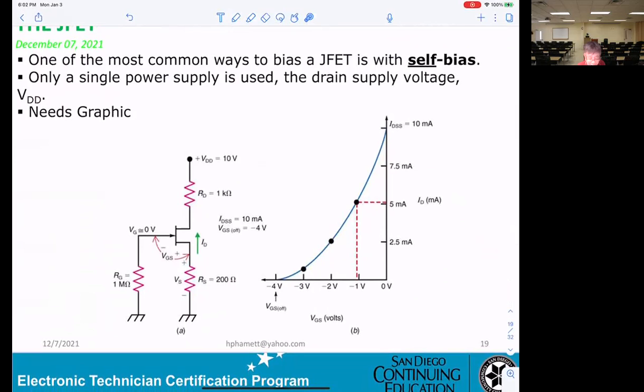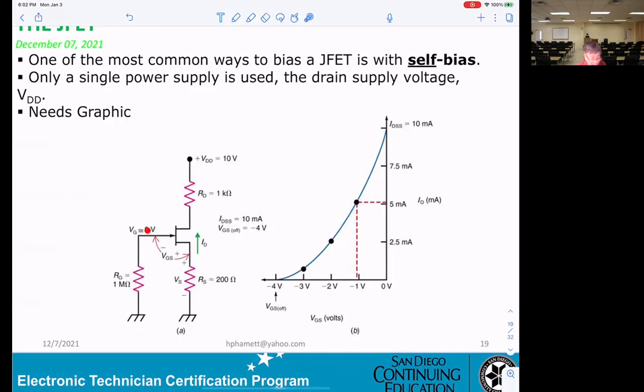Okay, the next one I show you is self bias. For self bias, you have no power supply here. It is shorted to ground. No gate voltage, so VG equals 0.